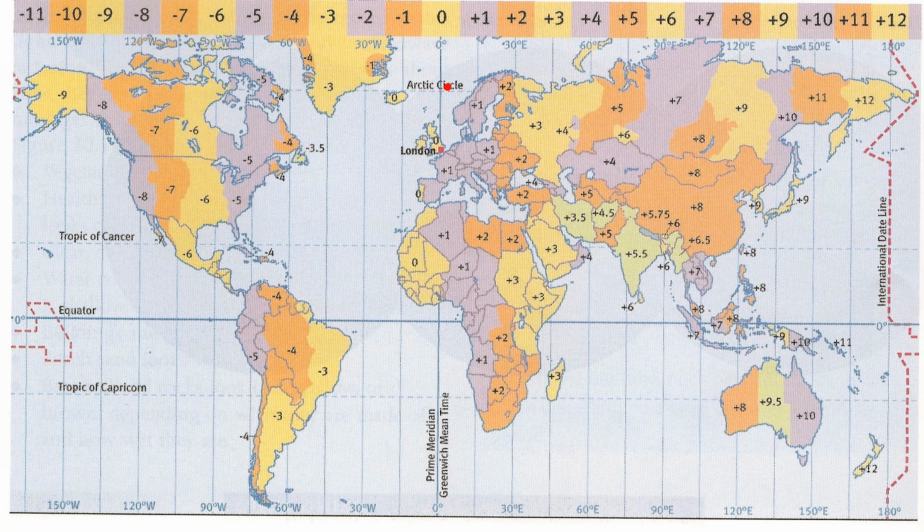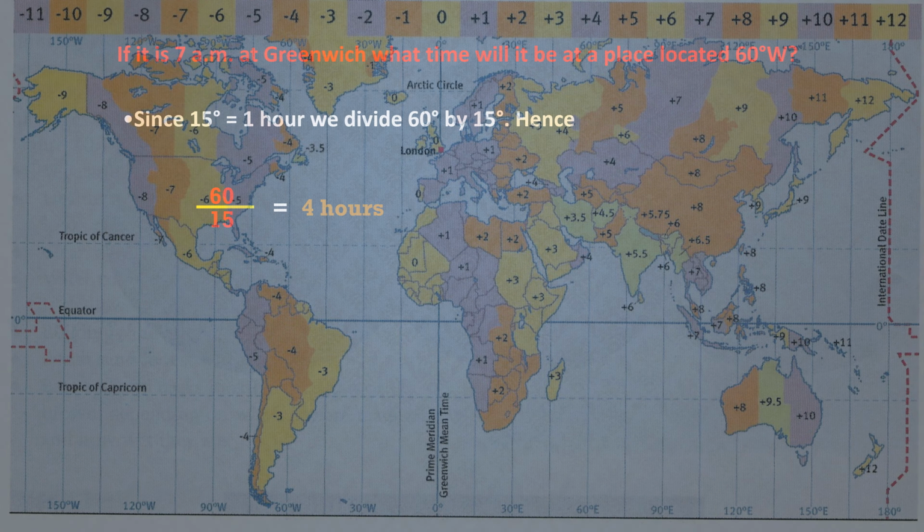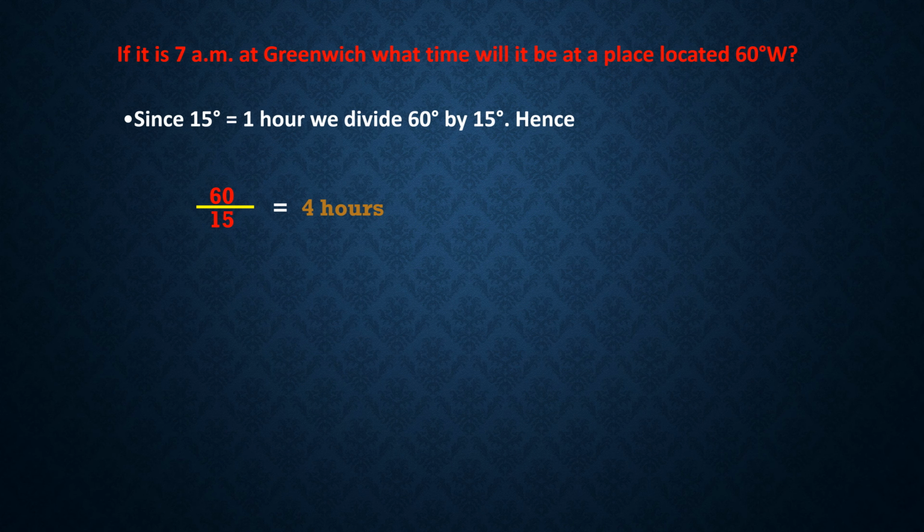Here we have our 0 degree line, Greenwich meridian or the prime meridian, and here is our place located at 60 degrees west. So because it's located west, what are we going to do naturally? We are going to subtract. Remember, the further west you go, the more time is lost.